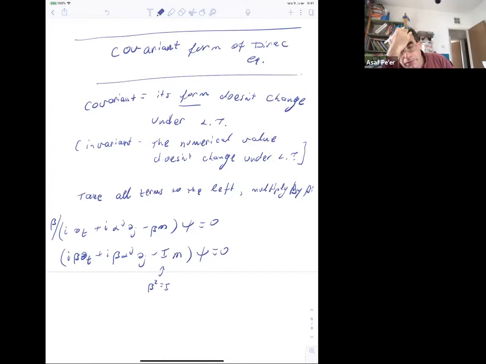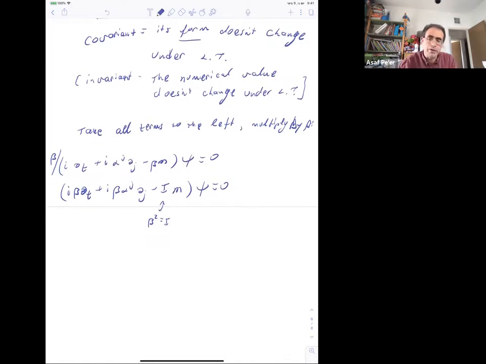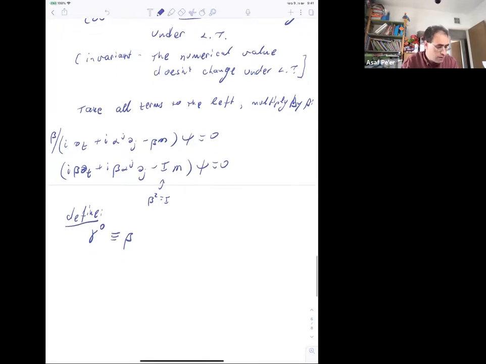And I'm going to write this in a slightly more compact form by introducing new matrices. So we define gamma 0. It's a matrix, not a component of a vector or something. This is defined to be beta. And gamma i is defined to be beta alpha i. Remember, these are matrices, alpha and beta, so the order does matter.